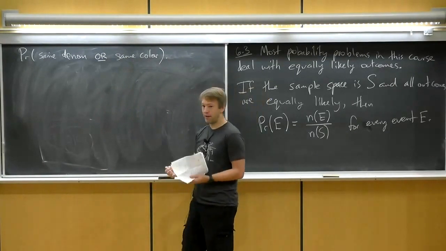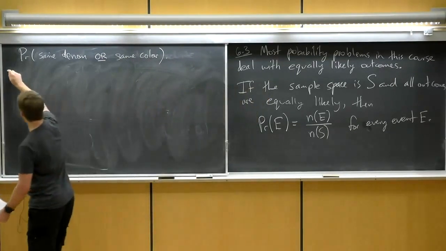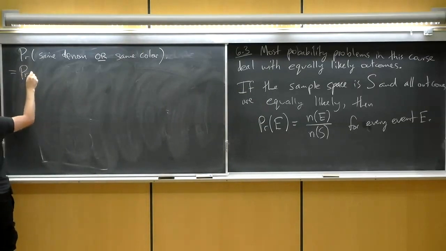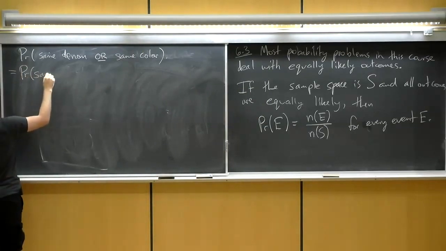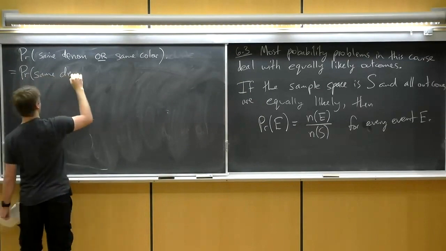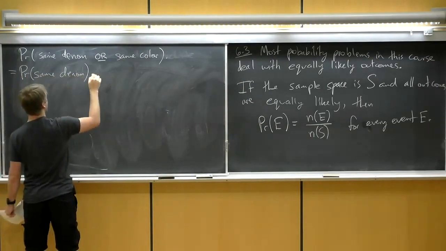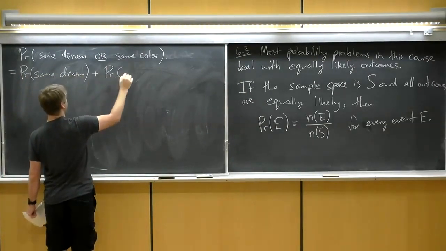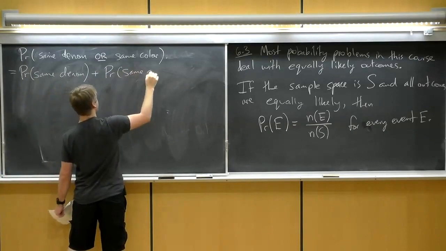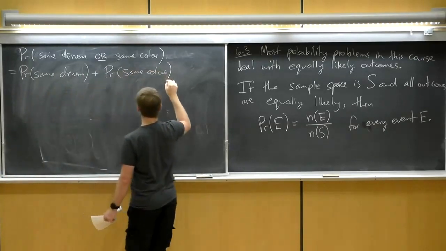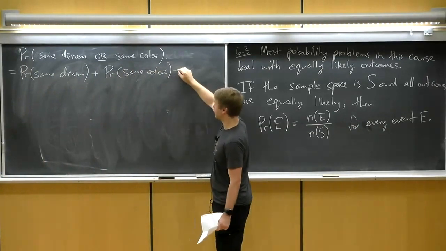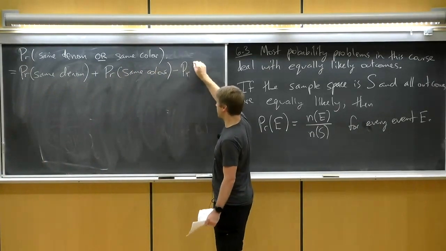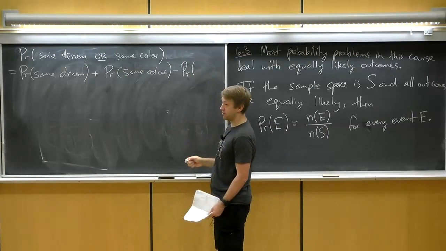Now we have to remember the principle of inclusion-exclusion. So this is the probability of having the same denomination, plus the probability of having the same color, again picking two cards, minus the probability of having both.